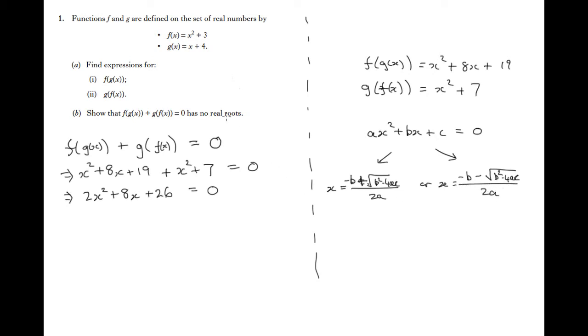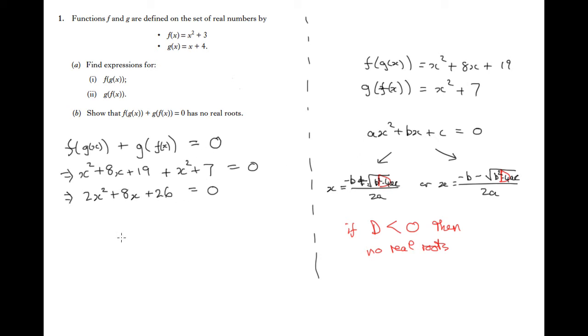Now, the only time you'll have no real roots where you cannot find these two values is if the thing under the square root sign is negative, and that's the discriminant in there. Put a big D there. That's the discriminant. And if D is less than 0, then no real roots. You cannot find the square root of a negative number as a real number.